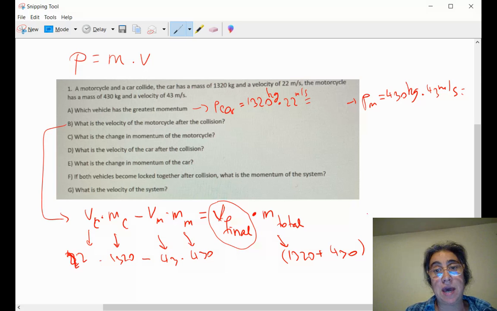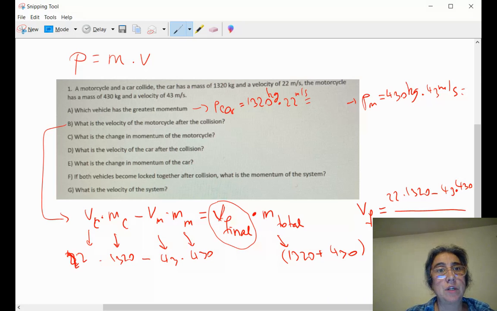So the final velocity is equal to 22 times 1320 minus 43 times 430, divided by the total mass, which is 1320 plus 430. I just want to make sure I'm not making a mistake here. Again, I'm going to let you do the calculations, but it's technically just plugging into the formula.